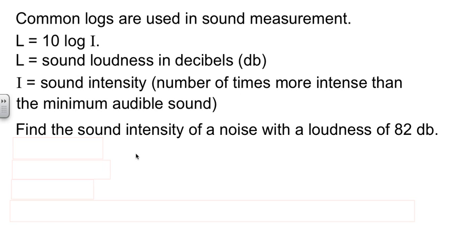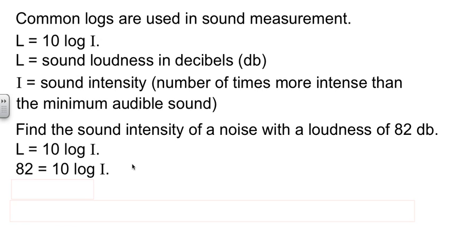So suppose they tell you that there's a noise whose loudness level is 82 decibels. We're going to use our magic formula, L equals 10 log I. We know what L is: 82. Divide by 10, we get log I equals 8.2. Now, to get rid of the log, we need to do the inverse log on our calculator.